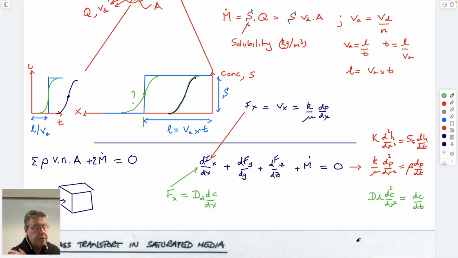So you'll never have to reproduce these equations, but it's useful just to understand where they come from. Basically, we're conserving mass. We're saying that any mass of fluid that goes into this cube either comes out the other side or accumulates, and hence gives us this expression, which allows us to solve numerical models, or using flow nets, for instance, as a simple representation of that.